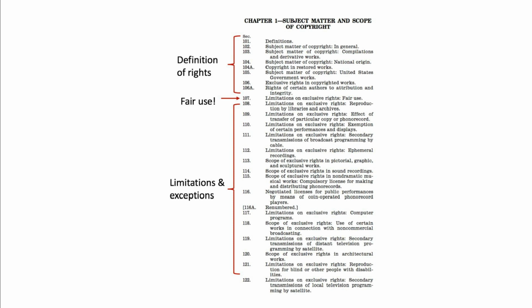And then, of course, Section 108. Section 108 is really important for libraries. Section 108 provides basically exceptions for libraries to make preservation copies. And it also allows libraries to make copies in certain circumstances for research support, for things like interlibrary loan and copies for users.